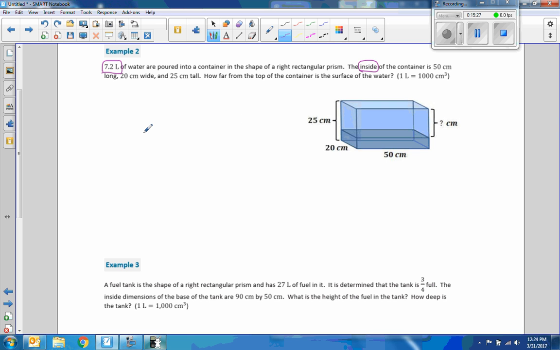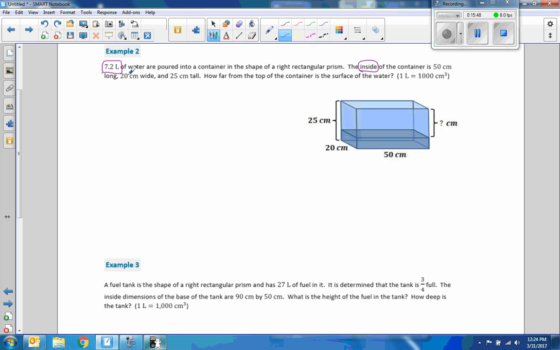So there's a couple of ways to do this. You could find the volume of the entire container and subtract the water's volume out of it to find the empty volume. Or you could find the distances, how much this is taking up, and define that part. But I think it'd be better just to find the total volume.